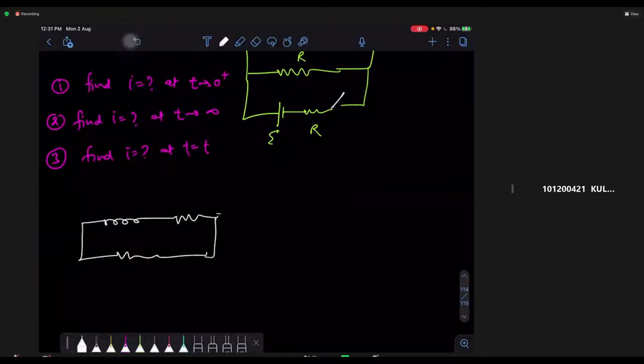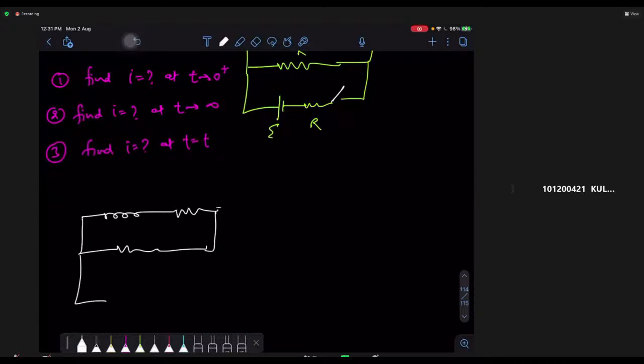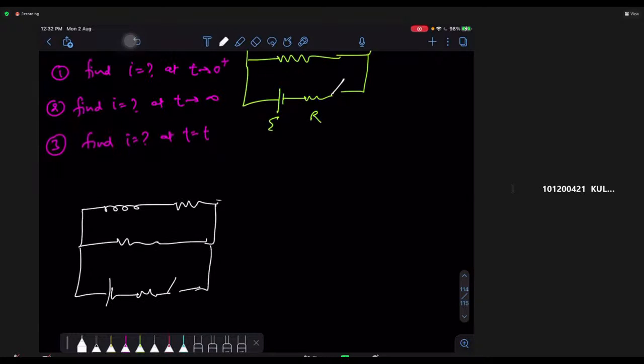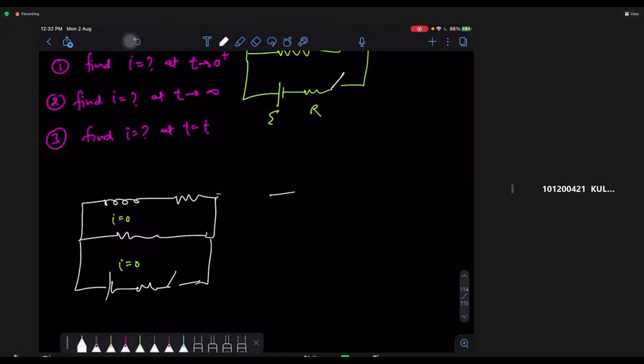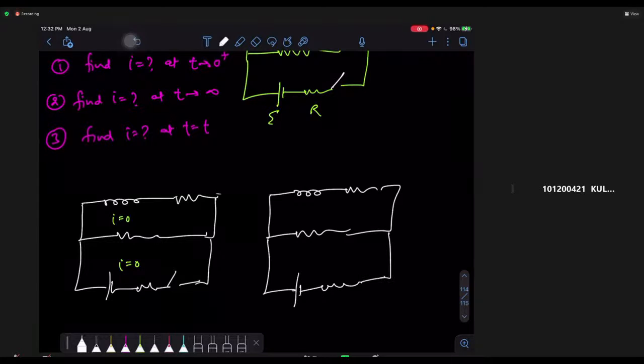Right? So it is 0 before. I don't have any current before the switch. Now I told you that after the switching, current is going to be 0, but be careful, the statements are very misleading.